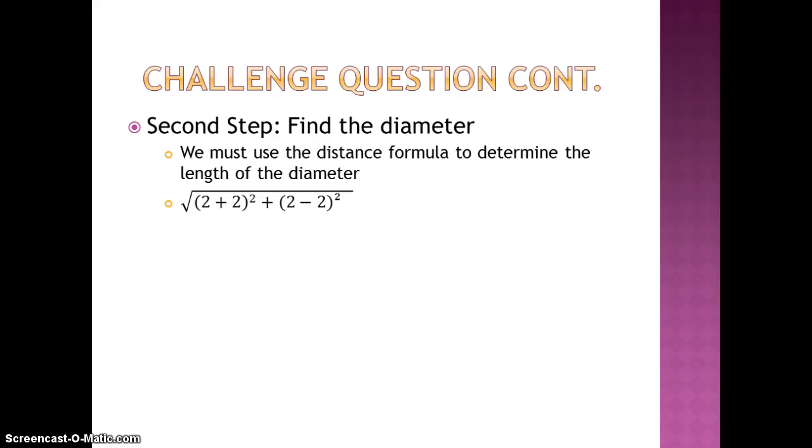So that gives us the square root of (2 + 2)² + (2 - 2)². That'll give us the square root of 4², and that equals the square root of 16, or 4. 4 is our diameter.